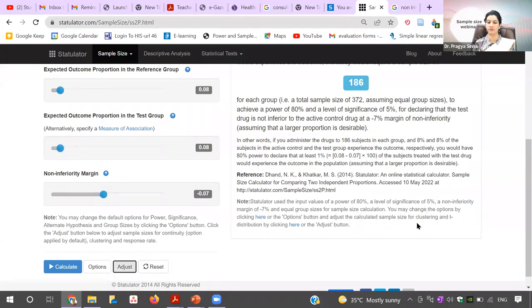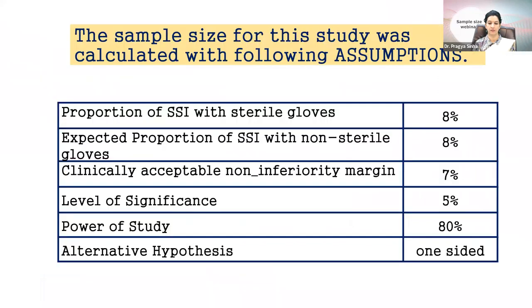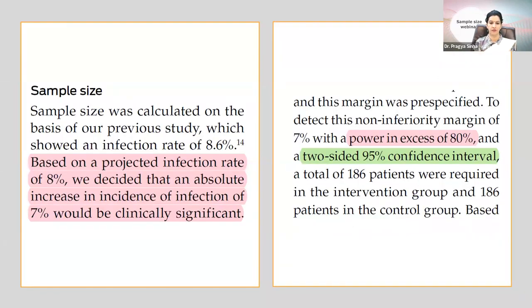Then this will come, 186. So you can see here the sample size is 186. They also have the same sample size, 186 patients in both groups, the control group and the intervention group.